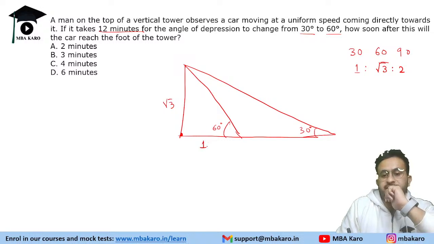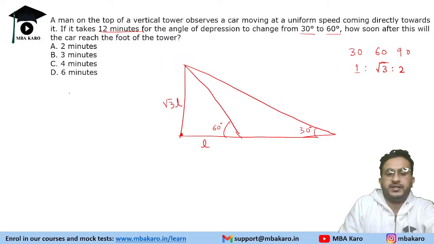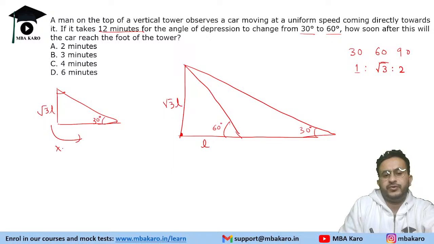Let us say this length is L, so this will be root 3L. Now if we consider the bigger triangle, this angle is 30 degrees and this is 60 degrees. So this root 3L is multiplied by root 3, so this length will be 3L.